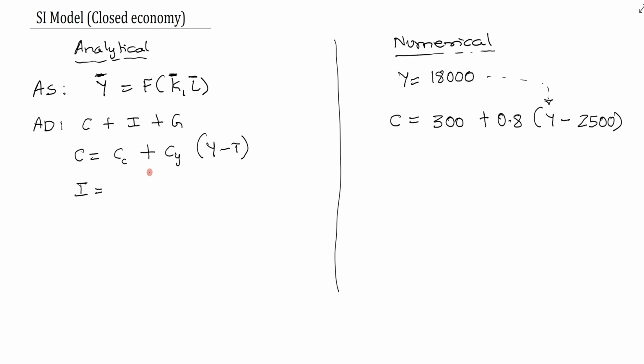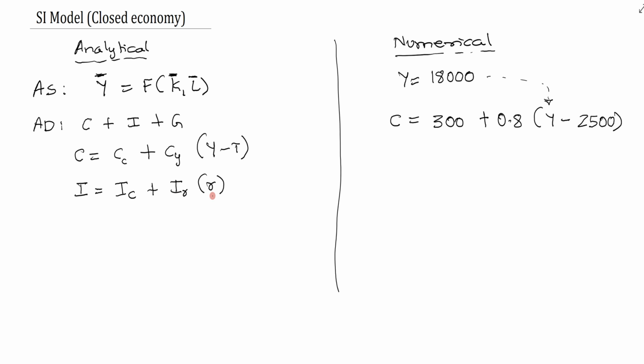Now the investment function is also going to have two components: the component which is not related to the interest rate, plus the component that is related to the interest rate. Remember, the interest rate has a negative relationship with investment, meaning this I subscript R is going to be negative.